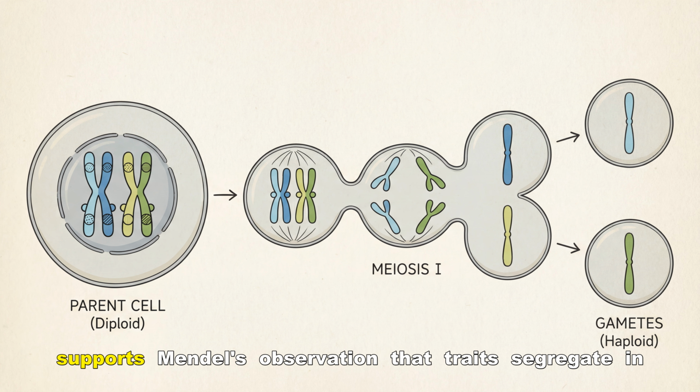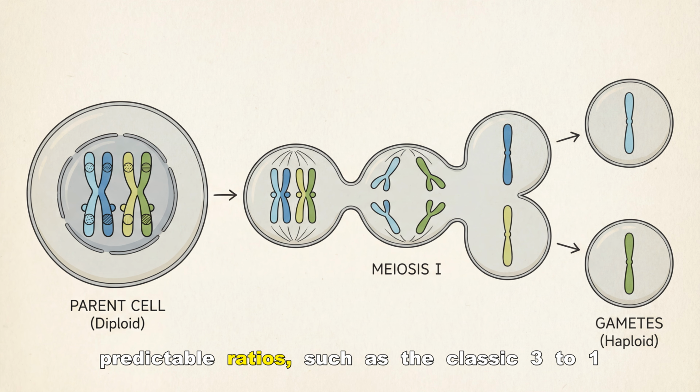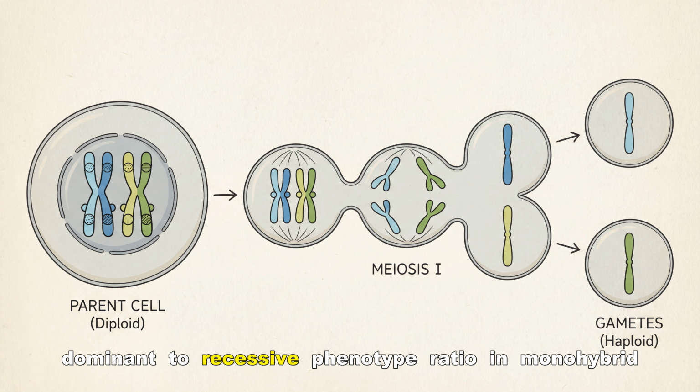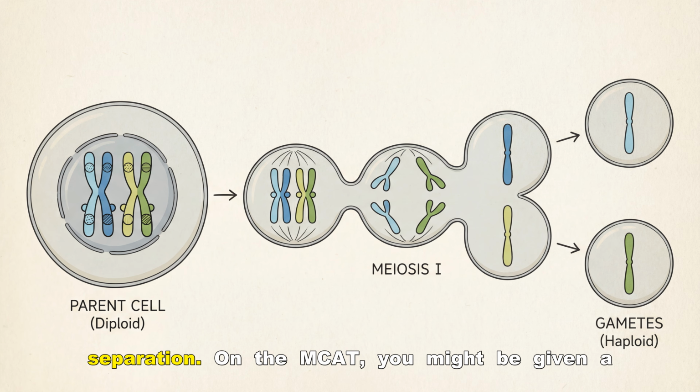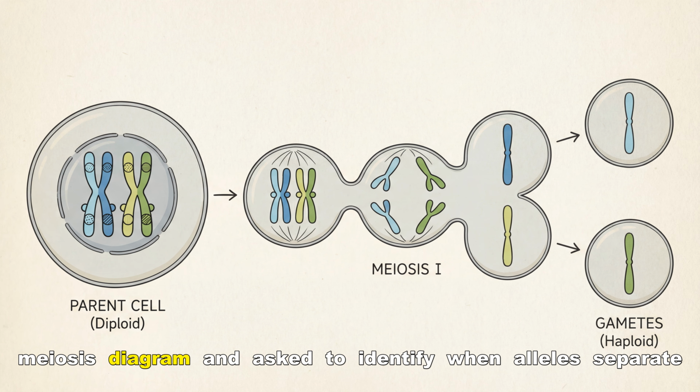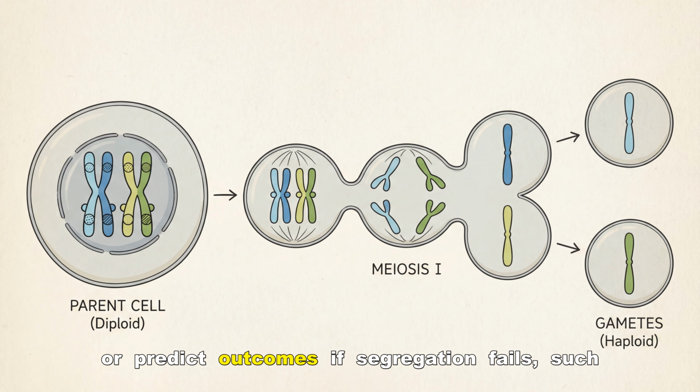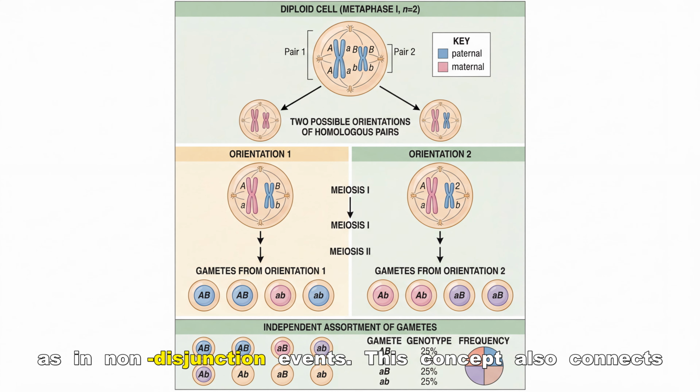This mechanism directly supports Mendel's observation that traits segregate in predictable ratios, such as the classic 3:1 dominant to recessive phenotype ratio in monohybrid crosses. A quick mnemonic is segregation equals separation. On the MCAT, you might be given a meiosis diagram and asked to identify when alleles separate or predict outcomes if segregation fails, such as in non-disjunction events.